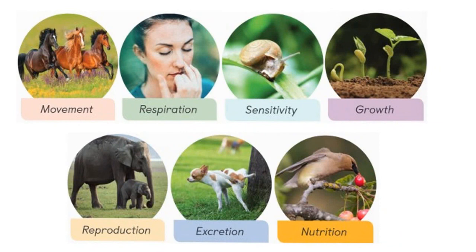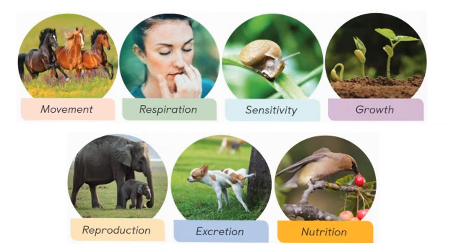Living things respond. Growth. Living things grow. Reproduction. Living things give birth to young ones. Excretion. Living things send waste materials out of the body. Nutrition. Living things take food.